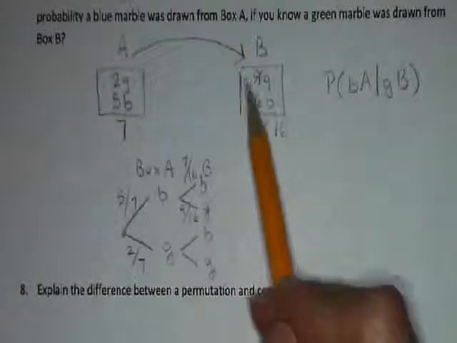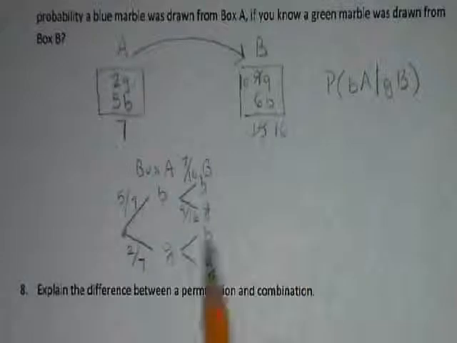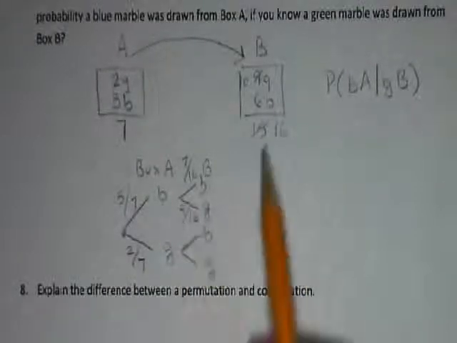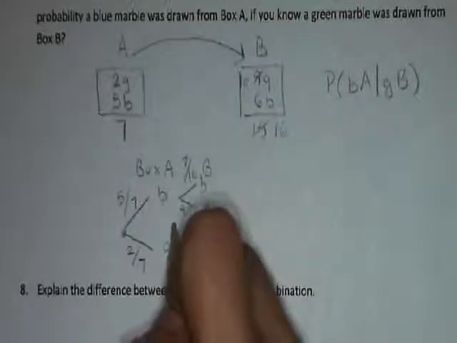I have 10 green marbles and still 6 blue for a total of 16. My probability now is that I get a blue marble out of box B. That's going to be 6/16, which reduces to 3/8.